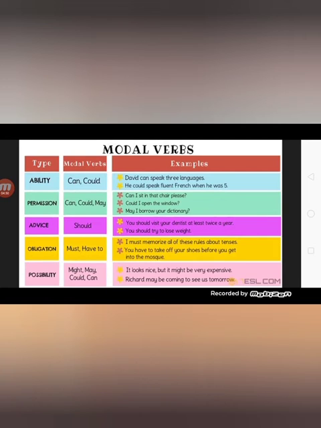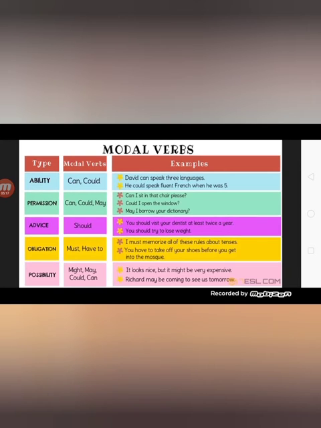Then for advice, this is the next type. For advice, we use should, because we always give advice to people, right? Whenever we are in such a situation to give advice, we have to use should. You can see the examples. Next, obligation, where something is very necessary and very important, where we have to put pressure, put stress on that task.